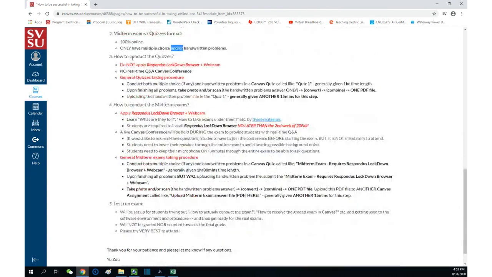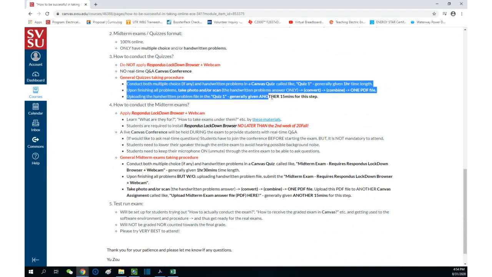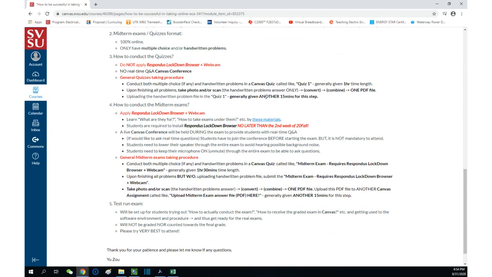That's why and/or. Okay, here, how to conduct the quiz. The quiz doesn't apply the Respondus Lockdown Browser, and I won't give you a real-time conference to answer any Q&A. Nothing like that. Here is the general taking procedure. We go to Quiz 1, and the time length is 1 hour.